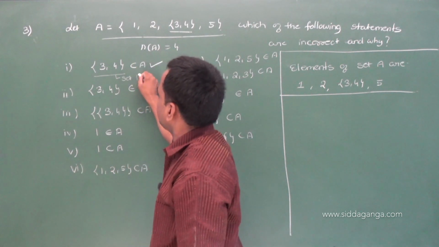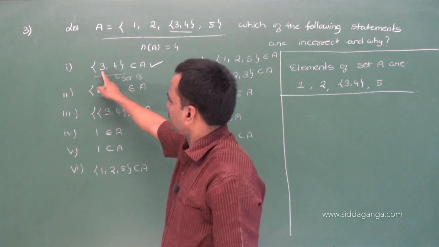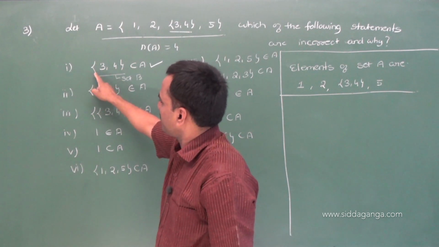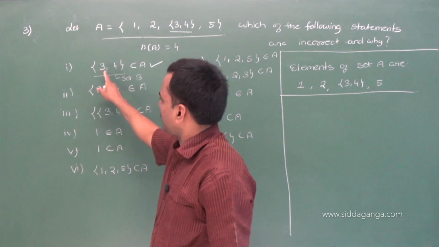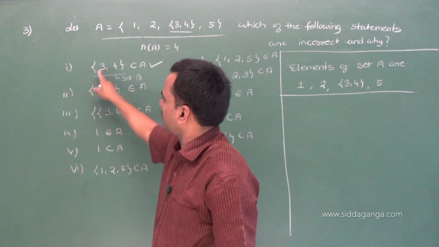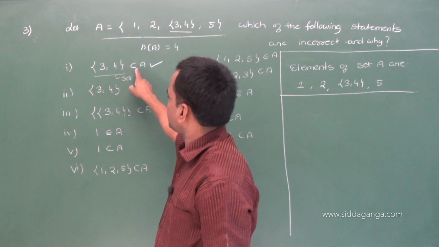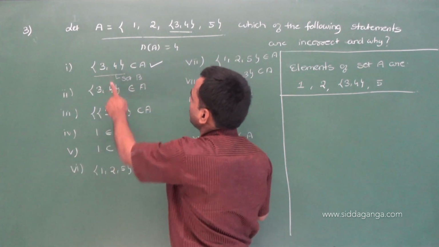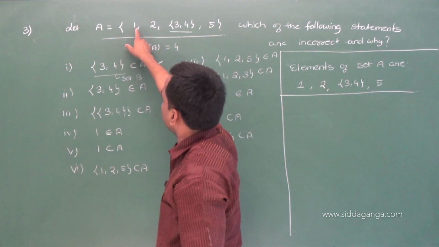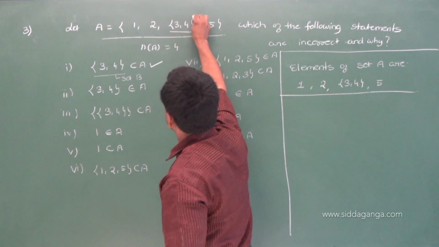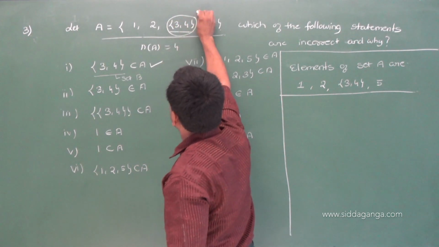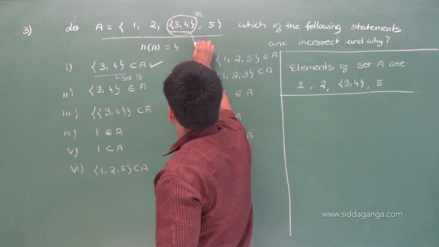It may be B. If I represent the elements in a pair of curly brackets, this is nothing but the set. Set B is a subset of A. See, observe here, 3, 4 element present in A. This is one element. This is one element.